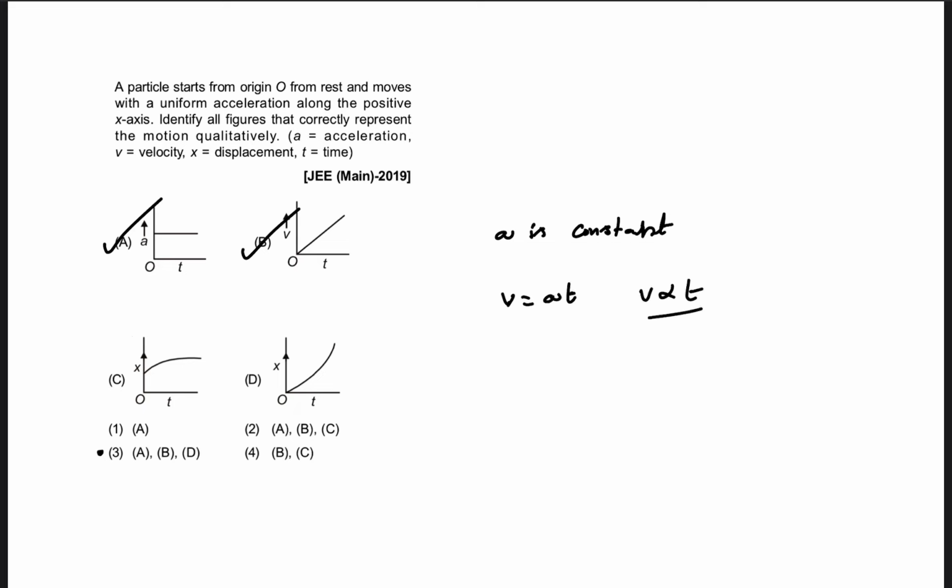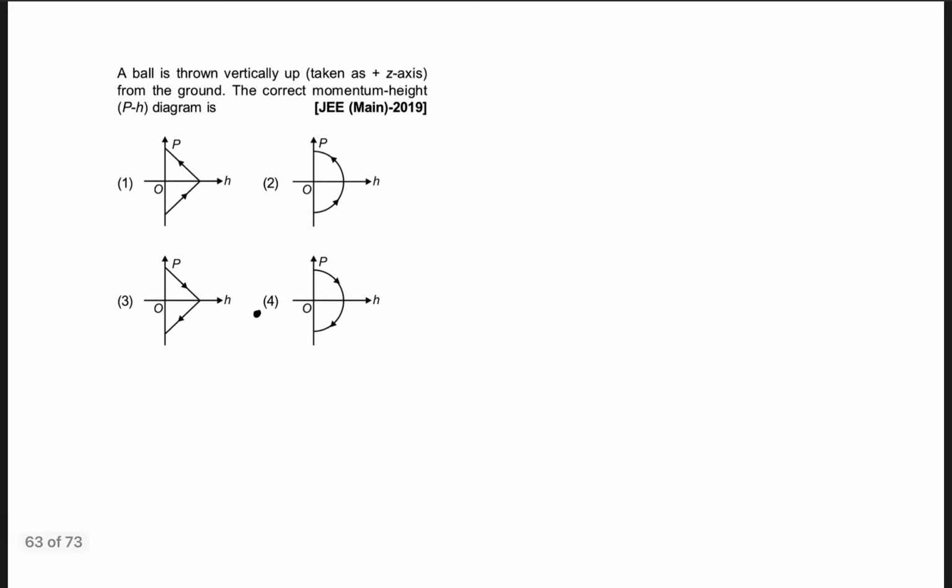You know that v is equal to a into t, so v is proportional to t, a straight line graph. Next, x and t: starting from rest, x is equal to half a t square. X is proportional to t square, a parabola graph. Here v proportional to t is a straight line, so option D is also correct. So ABD, option 3, is the correct option.